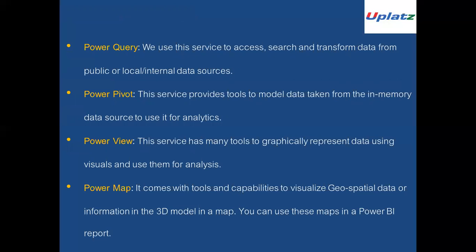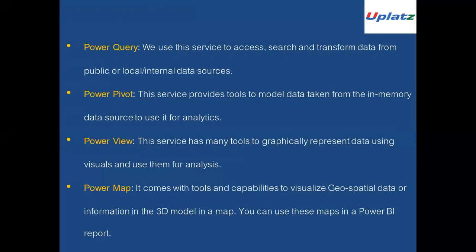We use Power Query as a service to access, search, and transform data from public or local internal data sources. Why do we use Power Query? We use this service to access, search, and transform the data from public or local internal data sources.